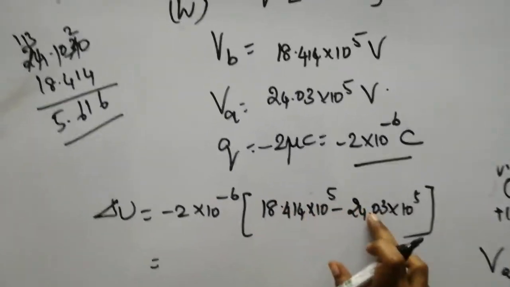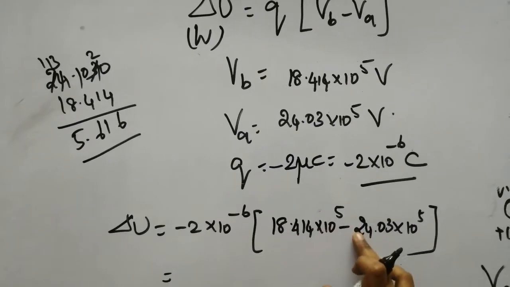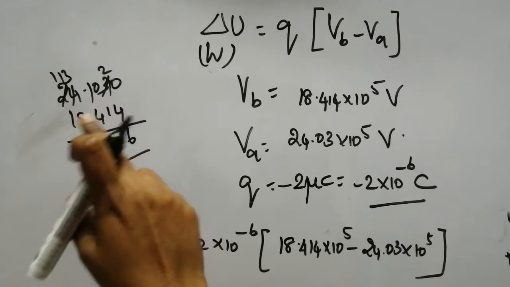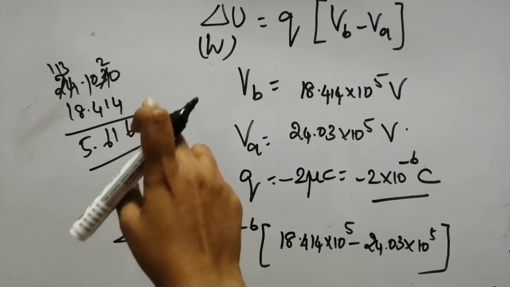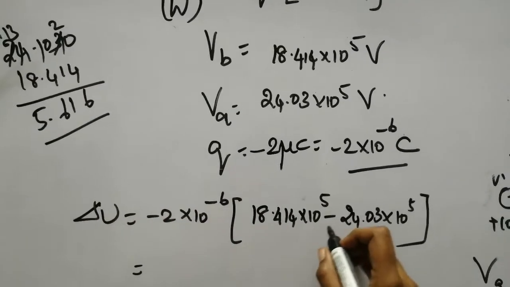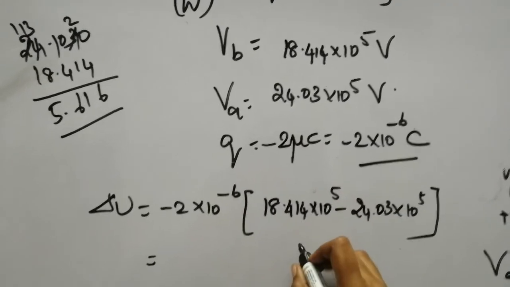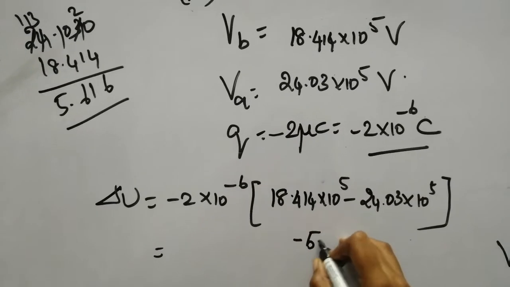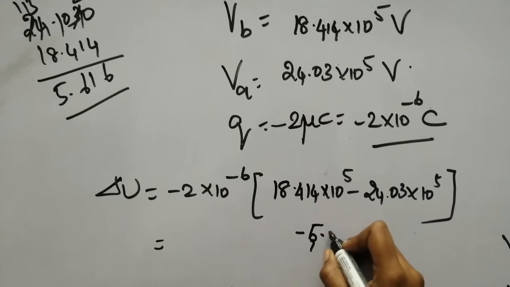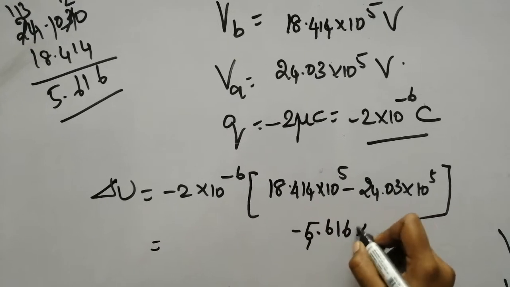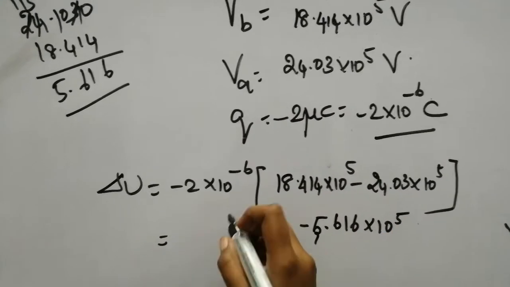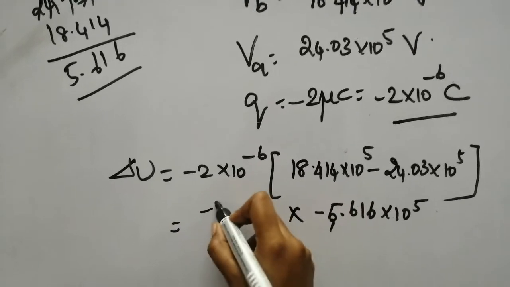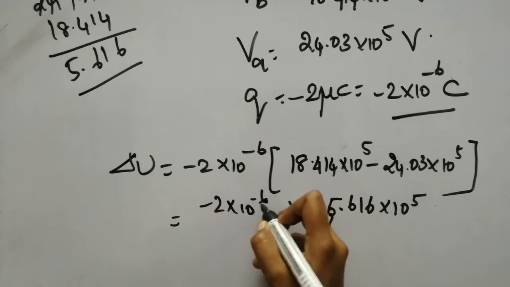When you subtract, 24.03 is the larger value. So 24.03 minus 18.414 gives 5.616. As this one has a minus here, it is minus 5.616 into 10 to the power 5, into minus 2 into 10 to the power minus 6.